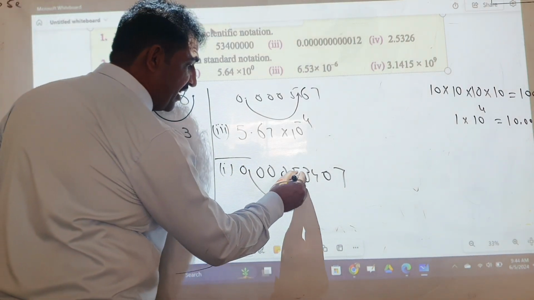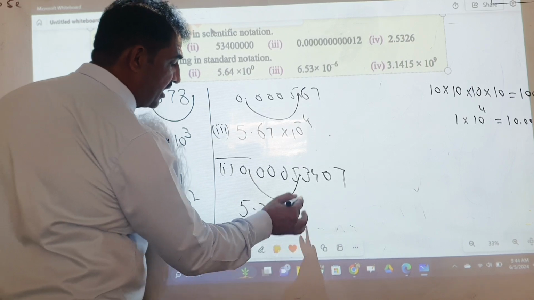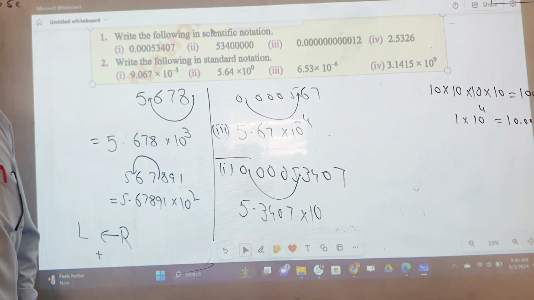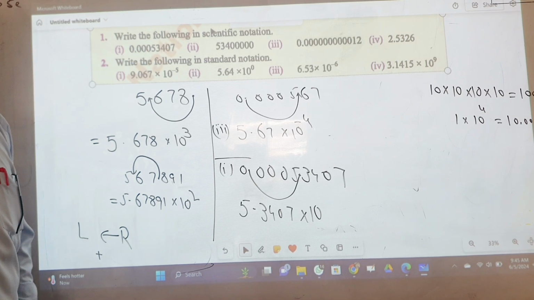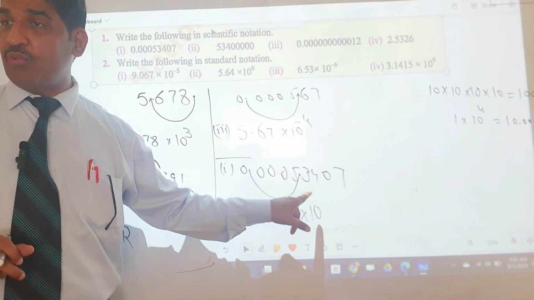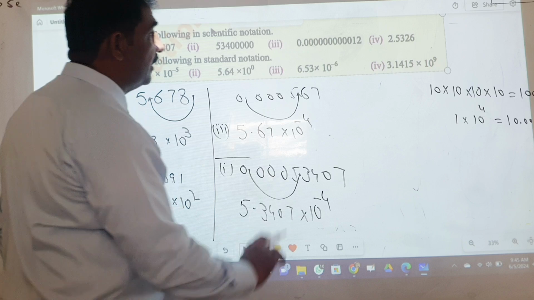Good. We have to shift the decimal point here. So 5.3407 exponent 10. What is that? Minus 4. Because shifting is from left to right, so it is negative 4.